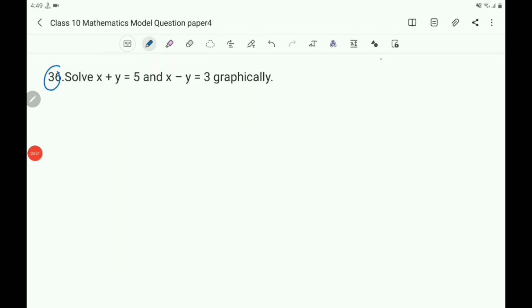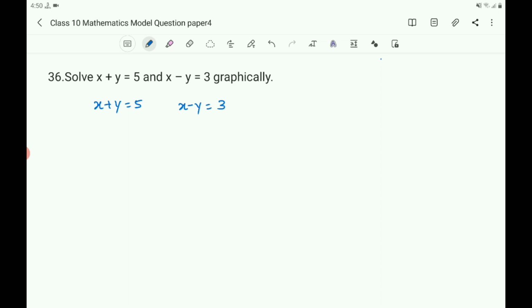Now question number 36. Solve x plus y equals 5, x minus y equals 3 graphically. So take the equations x plus y equals 5, x minus y equals 3. Convert each equation into x equals form or y equals form.